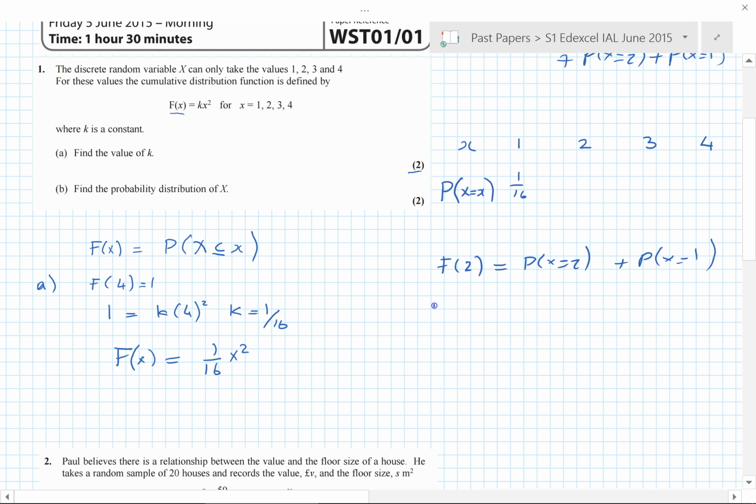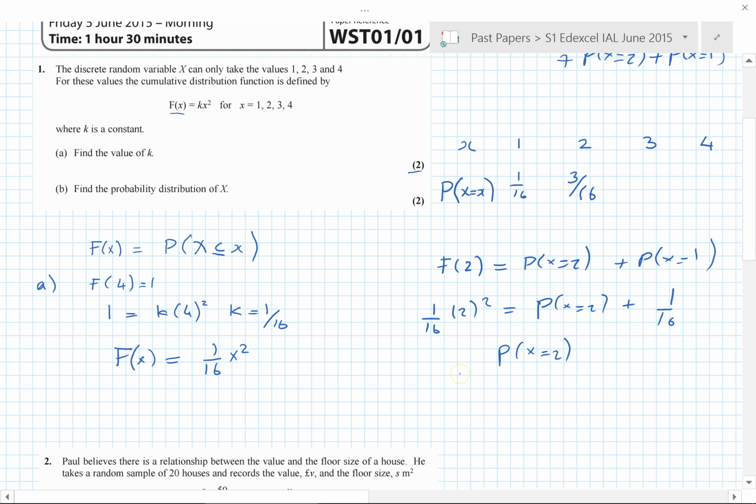Well, F(2) is equal to 1 over 16 times 2 squared, and we already know the probability that X equals 1 is 1 over 16. So this is 4 over 16, this is 1 over 16, and the difference between those is 3 over 16.